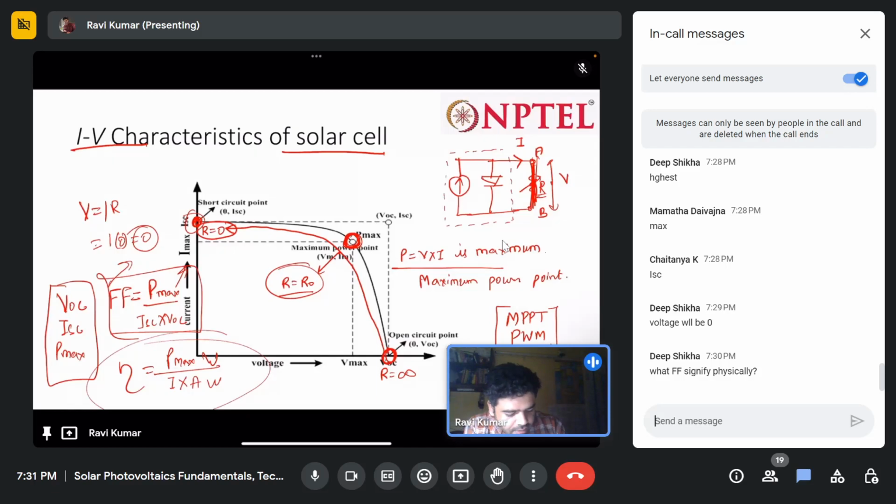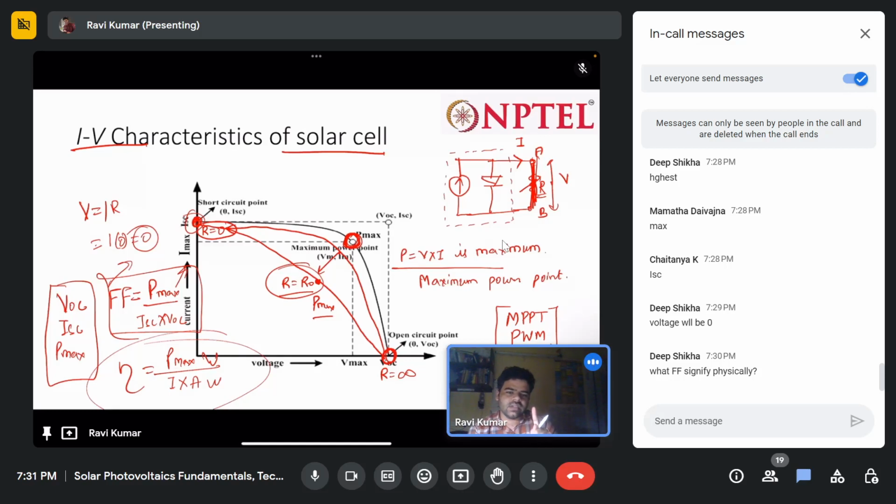Let's say our VOC and ISC remain the same, but the curve is like this and our Pmax is here. VOC, ISC are the same, but Pmax has been reduced. To know how much it has been reduced, we are not going to see the Pmax value absolutely. We will just see a particular index, that is fill factor.